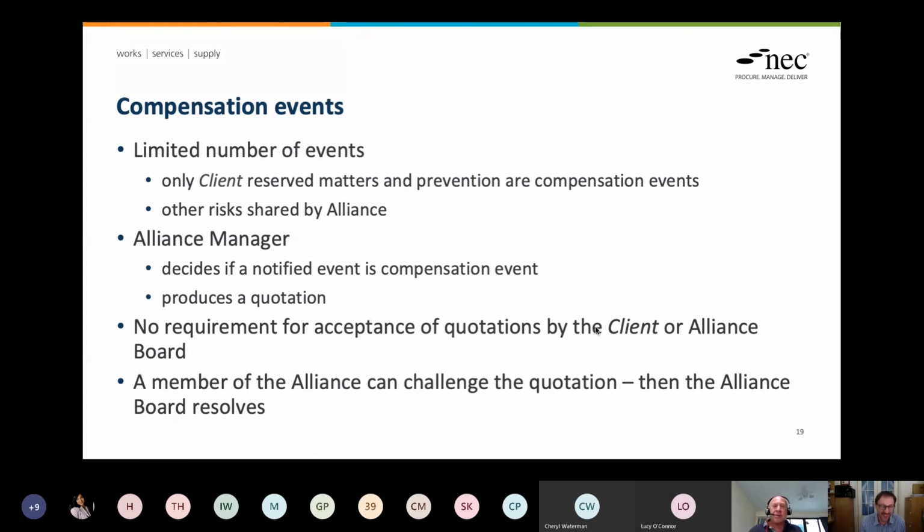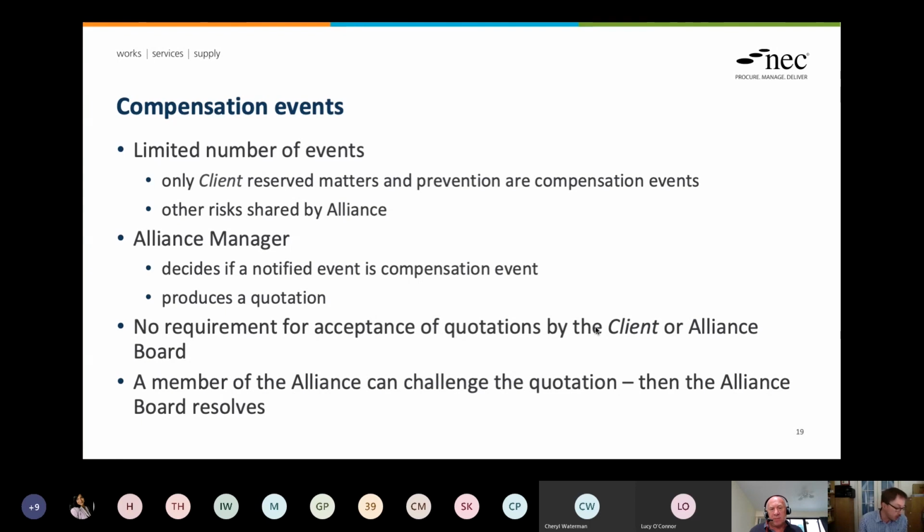Okay. So, as we mentioned, there are very few instances where compensation might occur. Only client reserve matters. They are those two, aren't they? I think, which is changing the client's requirements and stopping or starting works. Yes, also there are basically seven default ones, largely to do with, as you say, either changing the client requirements, or the alliance board changing the scope.